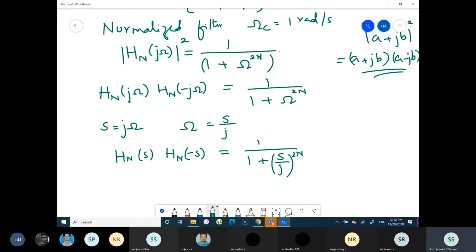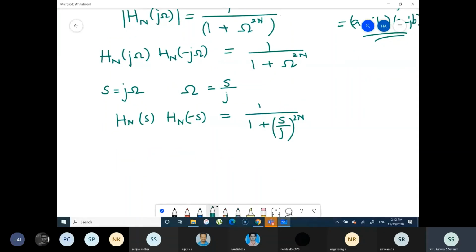But still we have not written just one transfer function. On the left hand side you have Hn of s into Hn of minus s, so it's like a product of two transfer functions. If you have to find the poles of this transfer function, we have to equate the denominator polynomial to 0, isn't it? That's how we find the poles of a transfer function.